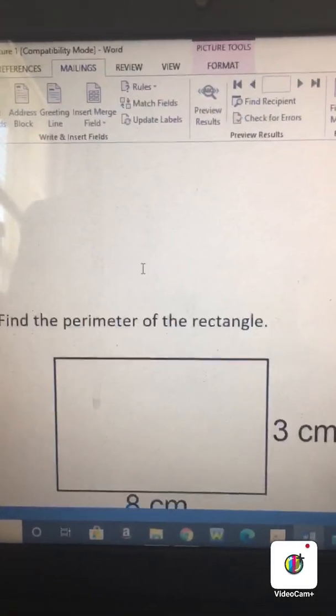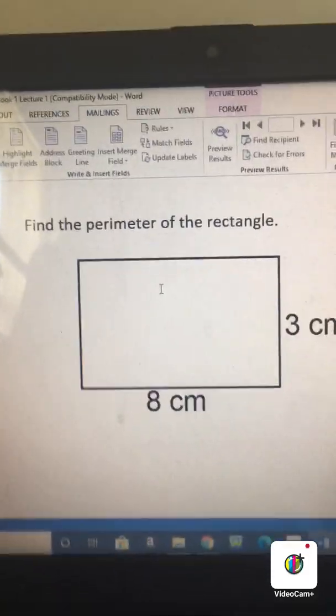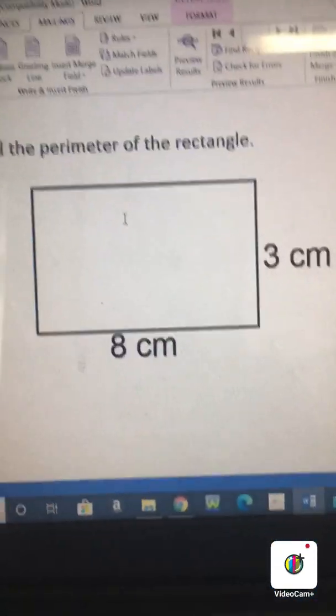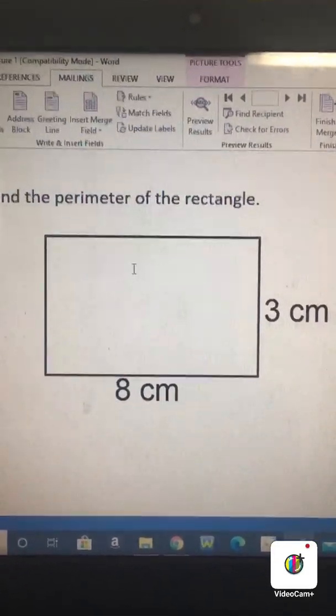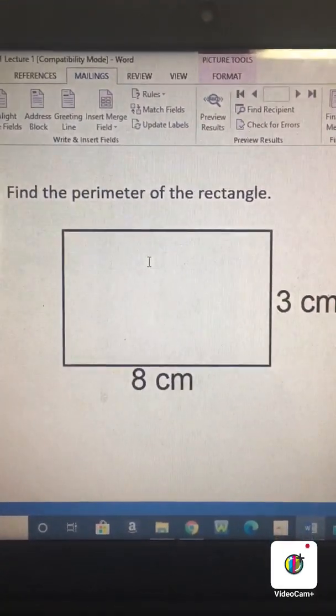So let us apply this formula for solving the perimeter of this rectangle here. It says here to find the perimeter of this rectangle. So we're gonna do this right away.